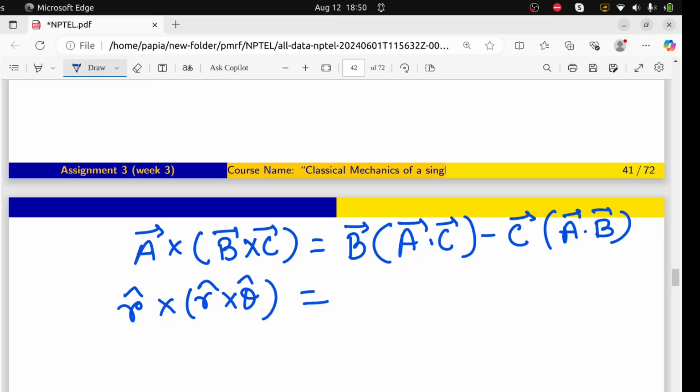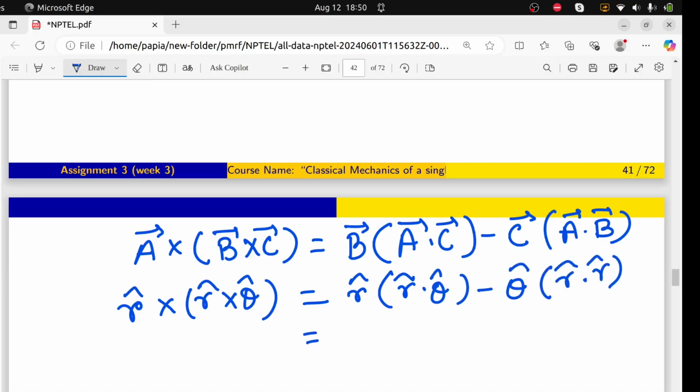So I can write similarly by seeing these things: B means r cap, so it is r cap (r cap dot theta cap) minus theta cap (r cap dot r cap). Now you can see that r cap dot theta cap is exactly 0 because both are orthogonal. So it will be simply minus theta cap, since r cap dot r cap is 1.